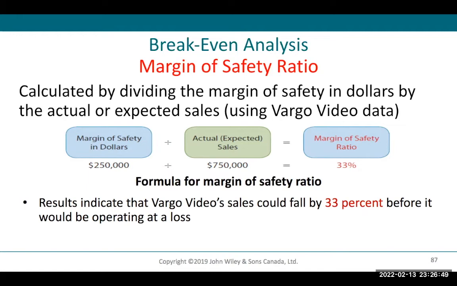So it's like a safety net. Think of a safety net. Your break-even sales tells you how much sales you need to make in order to make a profit of $0. A margin of safety tells us how far your sales can fall before you get to your break-even and then start making a loss.